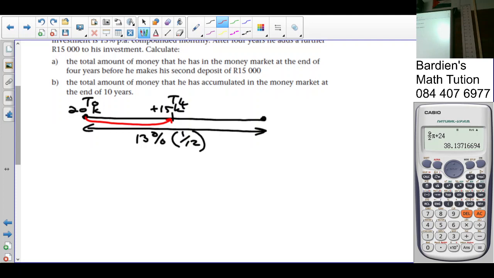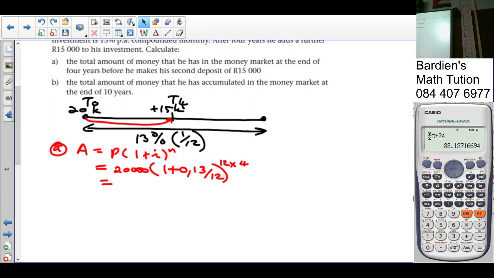For A, it's going to be A equals P into 1 plus i to the exponent n. So your P value is 20,000 into 1 plus 0,13 over 12 to the exponent 12 times 4, for 4 years.